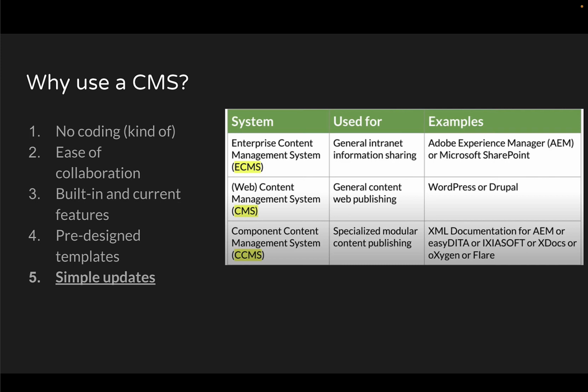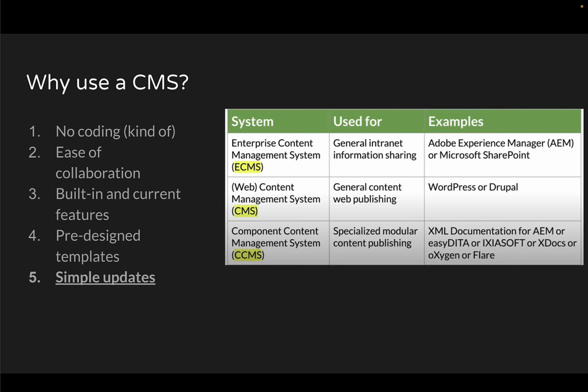The last thing I wanted to point out was this table here on the right. Just as a reminder, not all content management systems are created equal, right? So there's enterprise content management systems. We talked about this. These are like SharePoint and SharePoint sites. Web content management systems, these are like WordPress or Drupal. That's what we've been working on for this project.